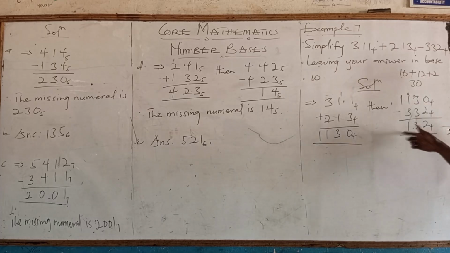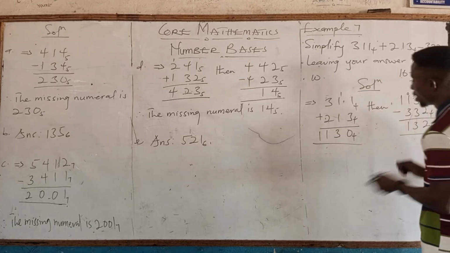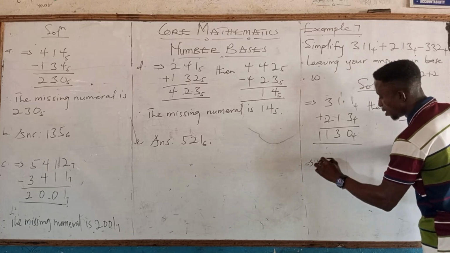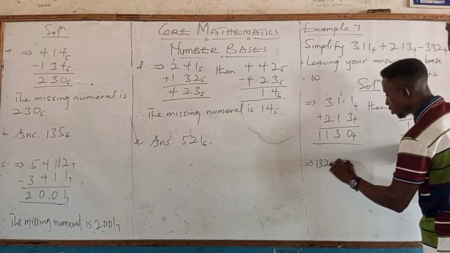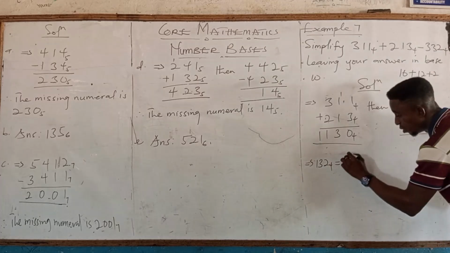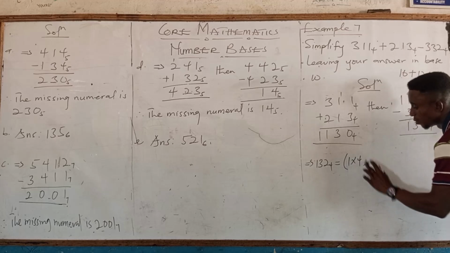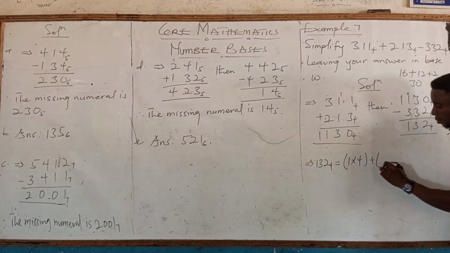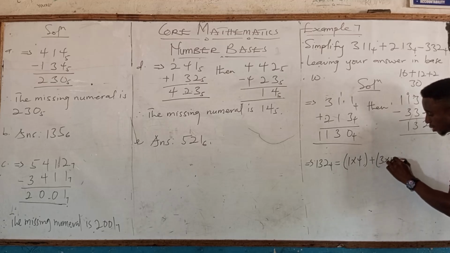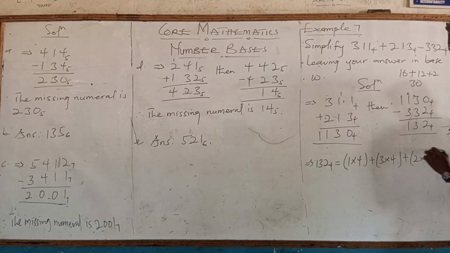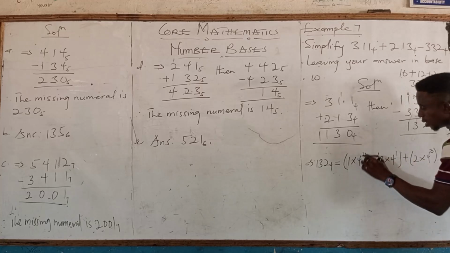So using the idea, I've not even solved and I've gotten 30. So let's see if we are going to get that. This implies 132 base 4 is equal to, convert it to base 10, we know. So I'll have 1 times 4, plus 3 times 4, plus, lastly, 2 times 4, with powers 0, 1, and 2.